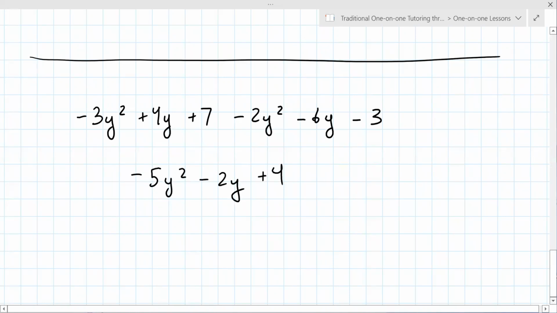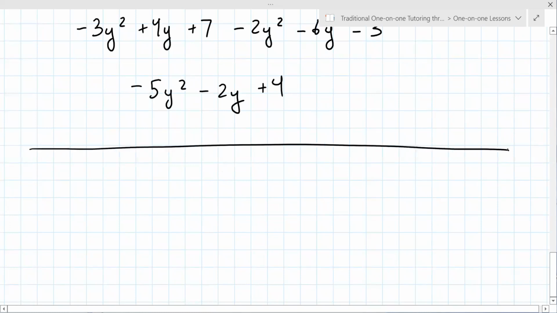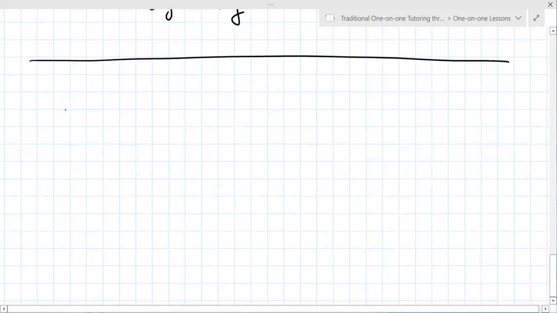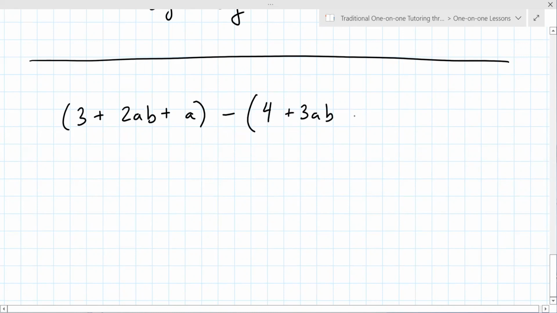Okay, so here's where we're going with this. Let's say I give you something like this, like 3 plus 2ab plus a minus parentheses 4 plus 3ab minus 2a. So this looks a lot different, a lot more complicated, but it's really the same problem.